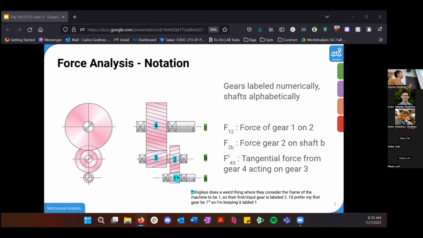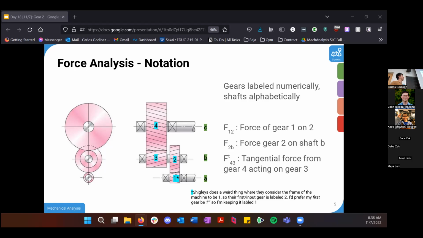For how Shigley's handles gear notation, gears are labeled numerically in sequential order, and the shafts that the gears lie on are labeled alphabetically. So if you have 3 shafts, you'd have shaft A, B, C. And if you have 4 gears, you could have gears 1, 2, 3, 4. For a quick example, F12 is the sum total force of gear 1 on gear 2.